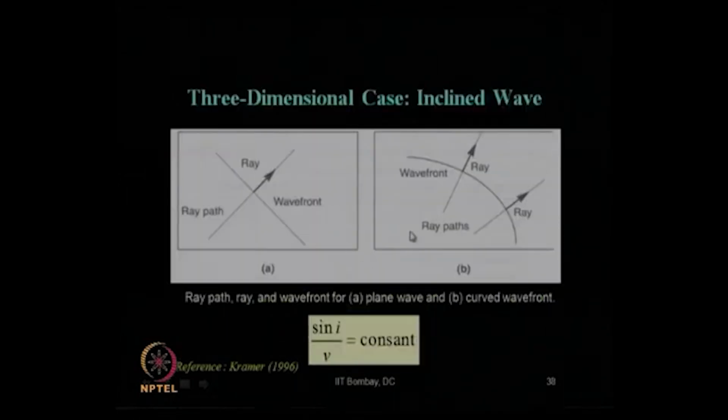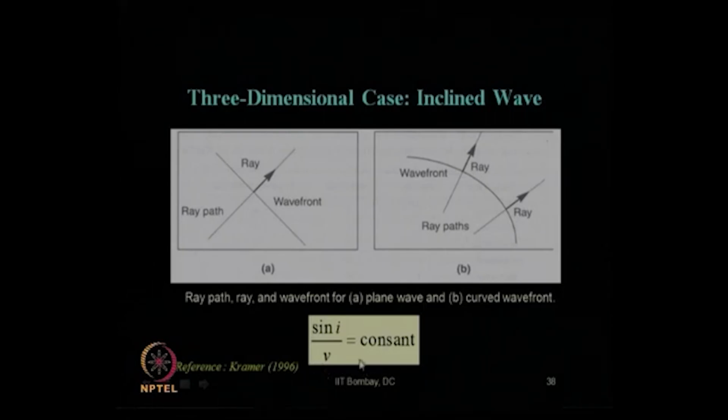Now, when we talk about the 3-dimensional case of an inclined wave, a ray path is going in this way. We have the ray path, ray and wave front for a plane wave, and this is for a curved wave front. But whatever be the case, as I mentioned a few minutes back, Snell's law has to be valid for the wave.